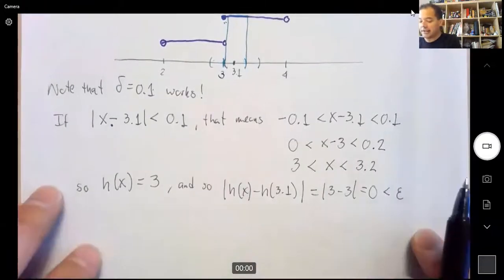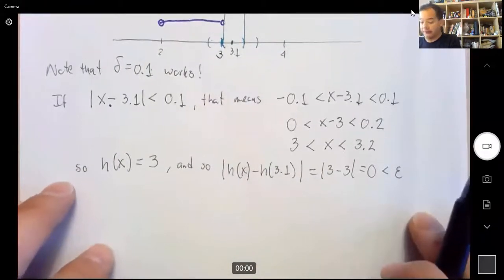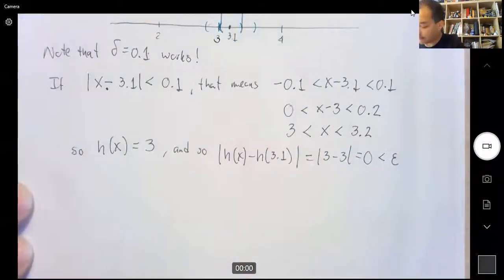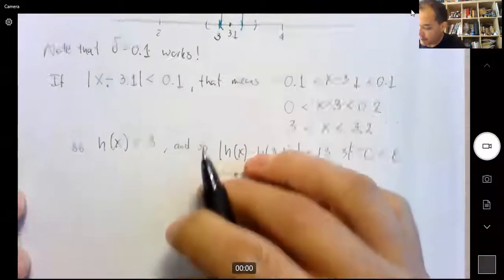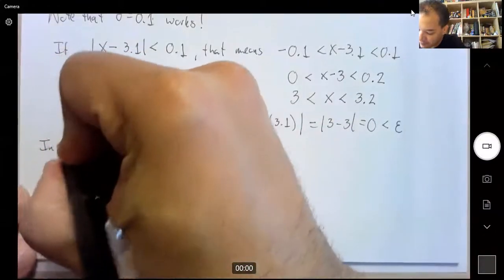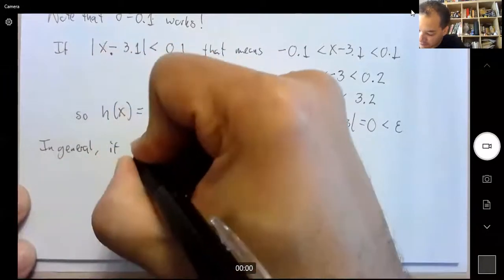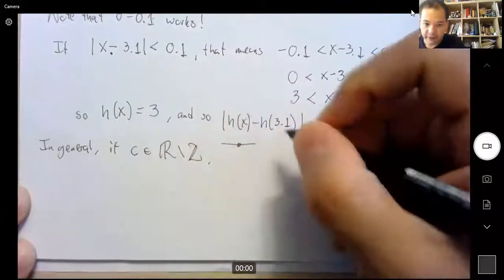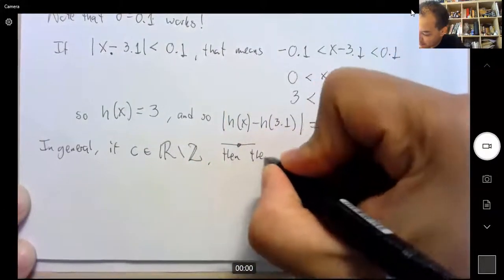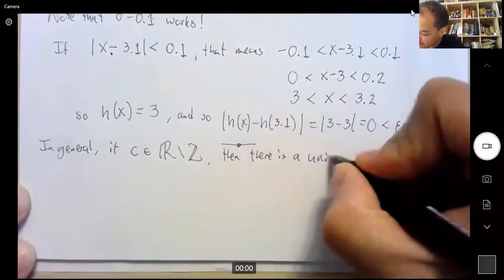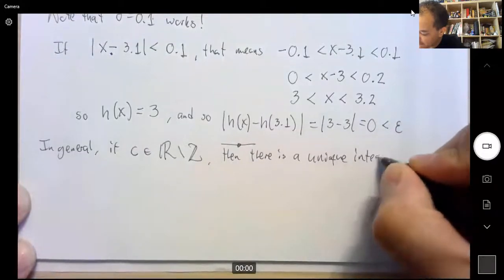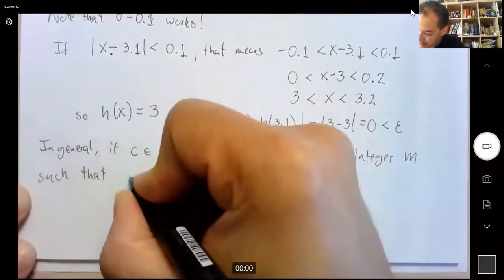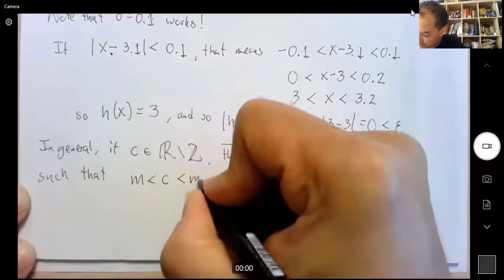And I hope you can see the same thing would work for any number, right? What would be the proof for an arbitrary number c that is a real, that is not an integer? Let's do it here. In general, if c belongs to the reals and not the integers, then there is a unique integer m such that c is between m and m plus 1, right?